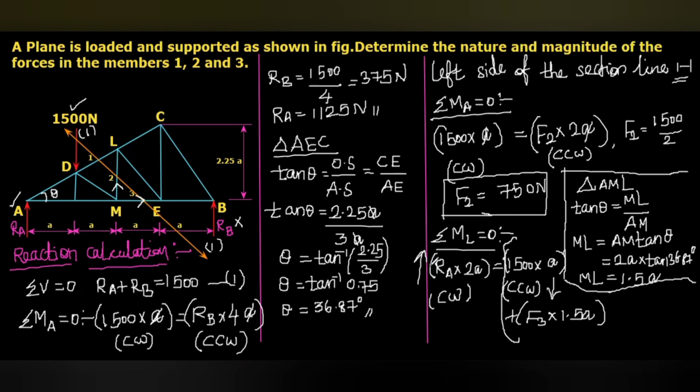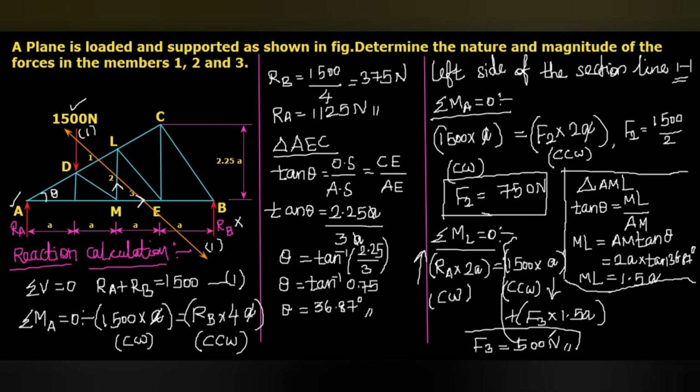Here we know the value of RA, and all other values we know. So the only unknown is F3. From this we can get F3, that is 500 Newton.